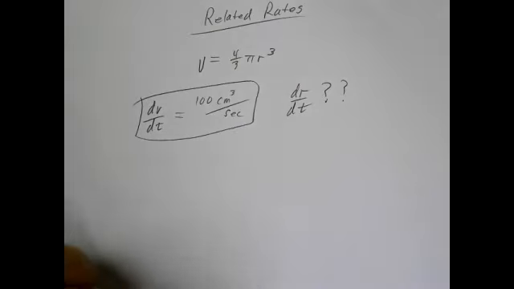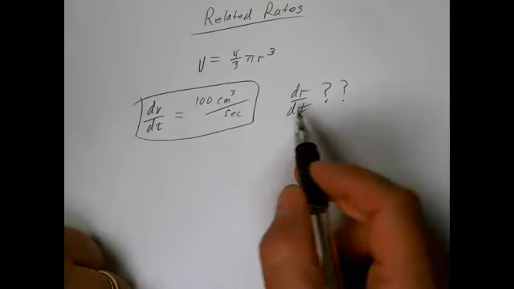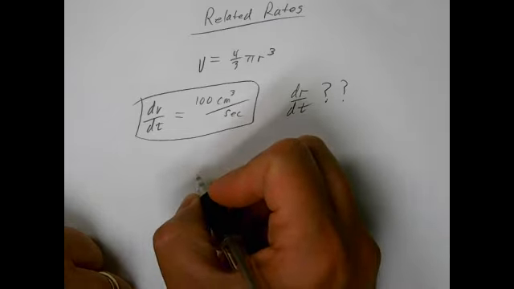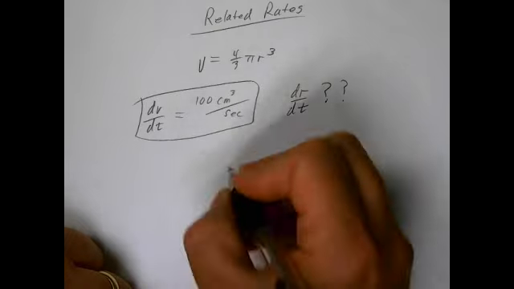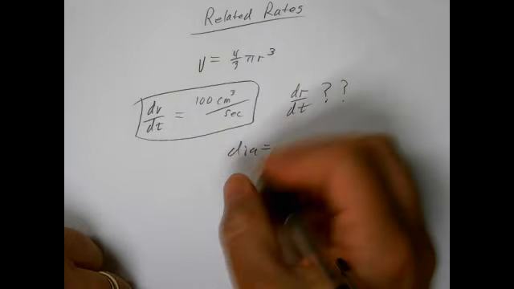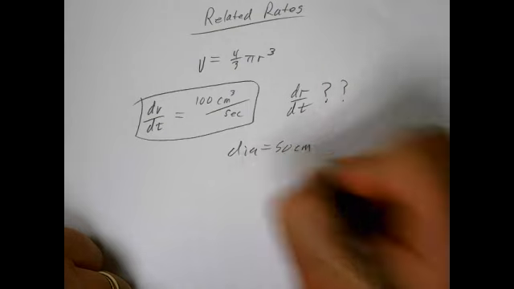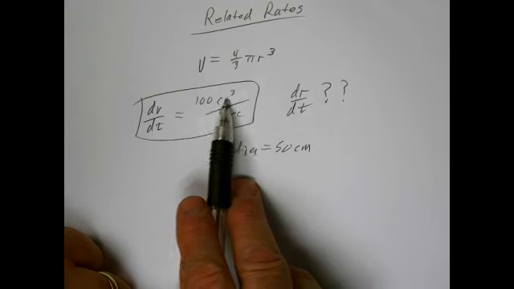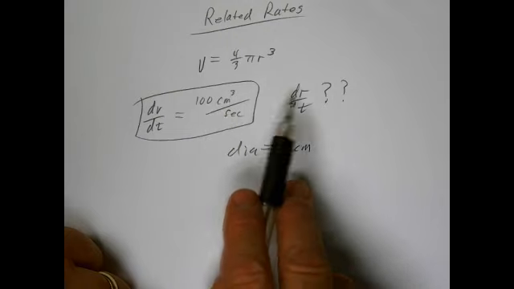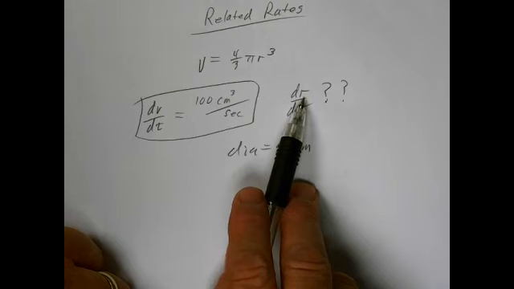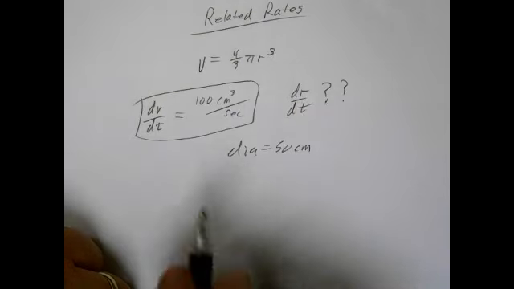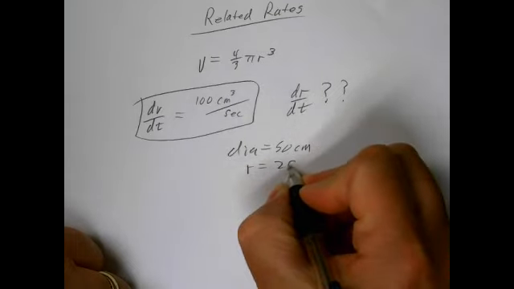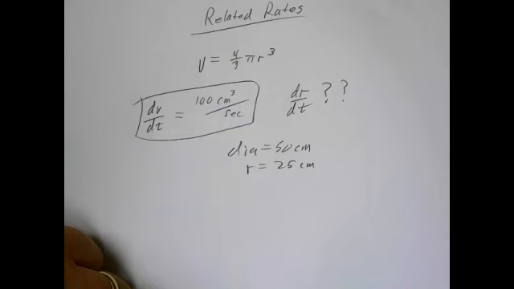So let's say we wanted to know how the radius is changing at the instant that the diameter is equal to 50 centimeters. So again, volume is changing at 100 cubic centimeters per second. They want to know what's happening to the radius. How's the radius changing the instant the diameter is 50 centimeters? Well, if the diameter is 50, that makes the radius 25.